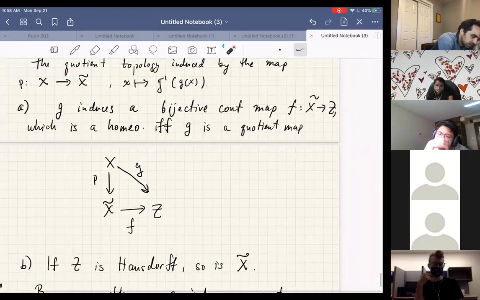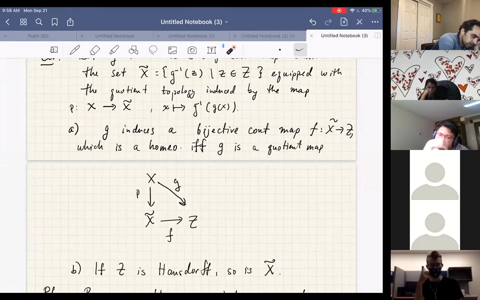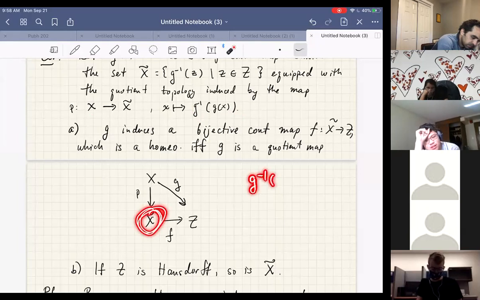P takes a point X to this set containing X, right? So X tilde consists precisely of the inverse images of Z, where Z runs through all points of capital Z, right?